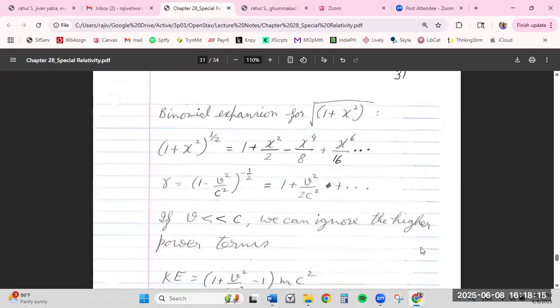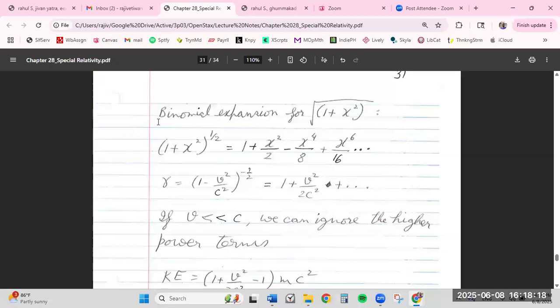Basically, binomial expansion is a way of writing algebraic expressions involving powers as sums and differences. Binomial expansion for square root of 1 plus x squared is given by this. So 1 plus x squared raised to 1/2 is 1 plus x squared over 2 minus x to the 4th over 8 plus x to the 6th over 16, and so on to infinity. So it's an infinite series.